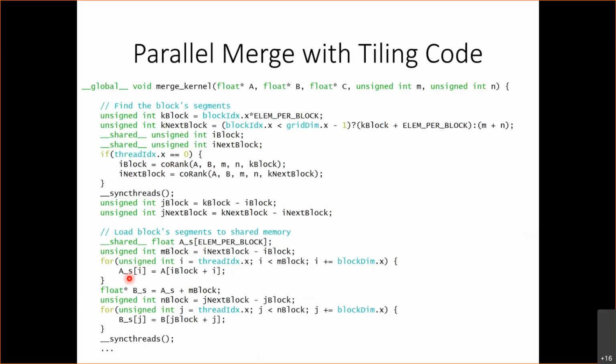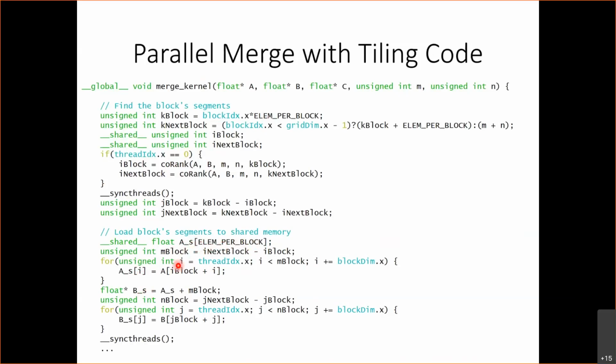Okay, and then we're going to use the same array rather than declaring two arrays in shared memory, because we know that the total number of elements in both A and B is going to be the number of elements per block. So rather than creating two arrays with that upper bound, we can create one, and wherever A of S ends, we're going to have B of S begin.